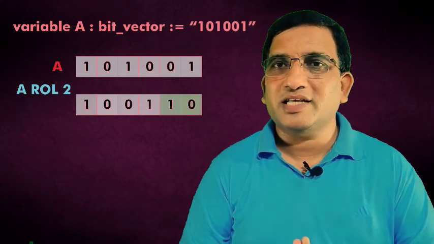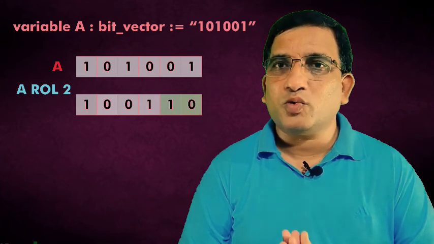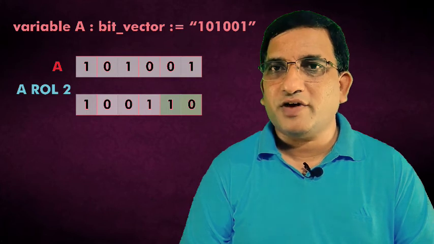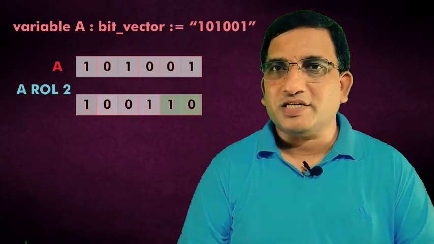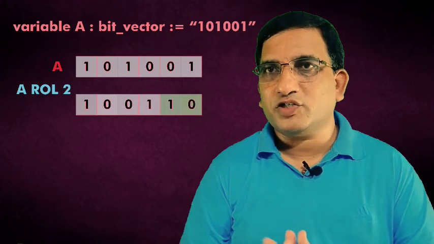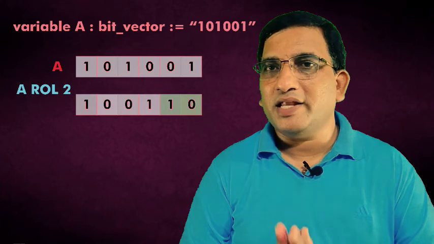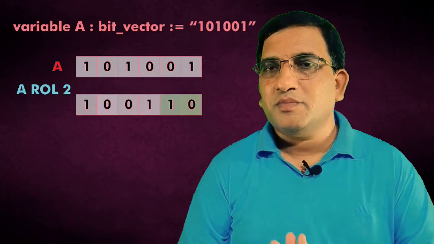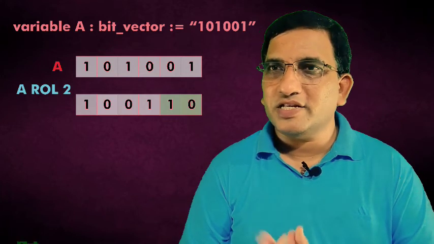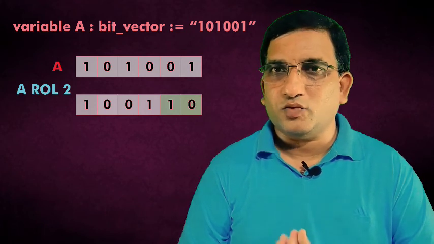That is, the data is rotated circularly, and by how many bits you have to rotate this data, you have to specify along with this operator. So in this example, AROL2 will rotate the binary data present in A by 2-bit positions. So your result will be 1 0 0 1 1 0.